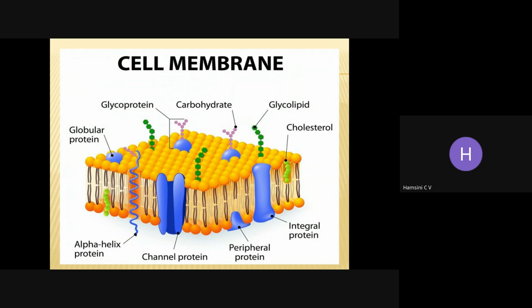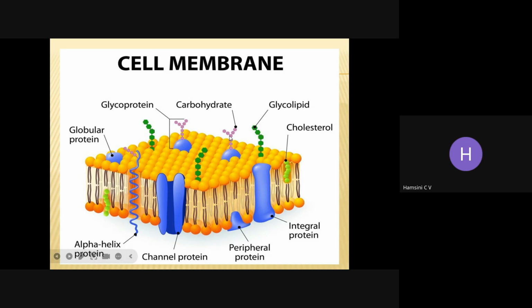Yes, ma'am. The short chain of carbohydrate you can see here has been labeled as carbohydrate. Since this carbohydrate chain is on this protein, the blue color, we call it glycoprotein. This green carbohydrate chain is on the lipids, the yellow or orange round structures, so it is called glycolipid.